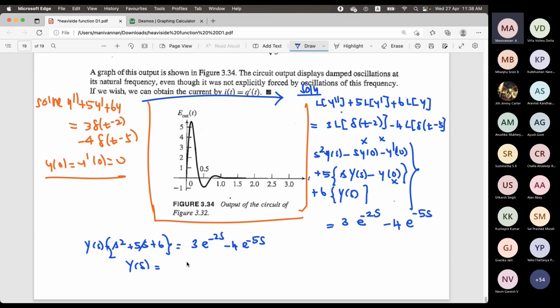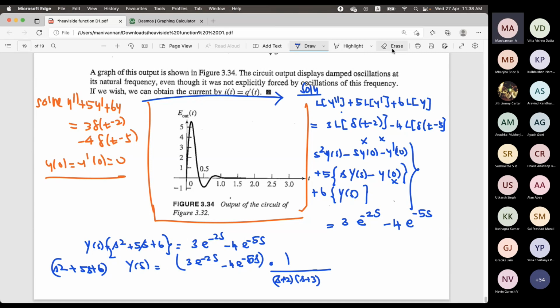This can be written as s plus 2 into s plus 3, right? This term. Sir, is it clear?